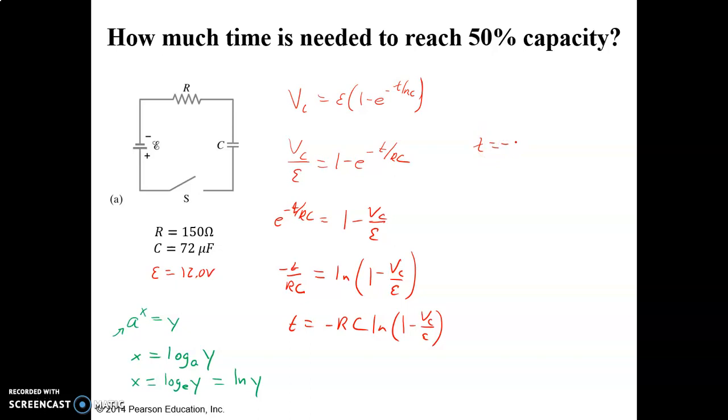Negative RC, that's my time constant, 10.8 milliseconds, times the natural log of 1 minus the voltage of my capacitor. Well, that's half of the total capacity, so that's 0.5 times the EMF divided by the EMF itself, which cancels. That means your time is negative 10.8 milliseconds times the natural log of 1/2.